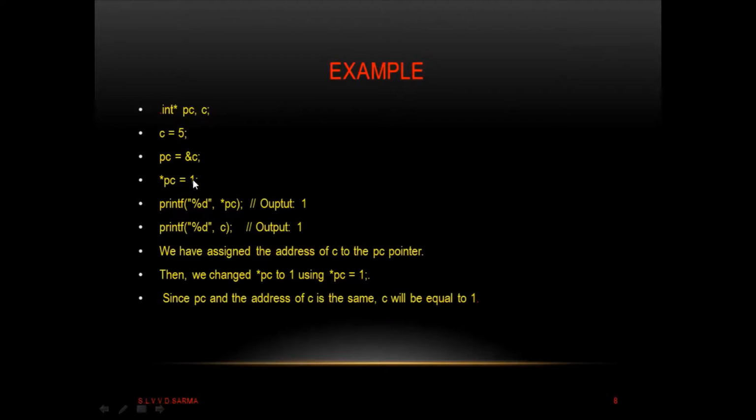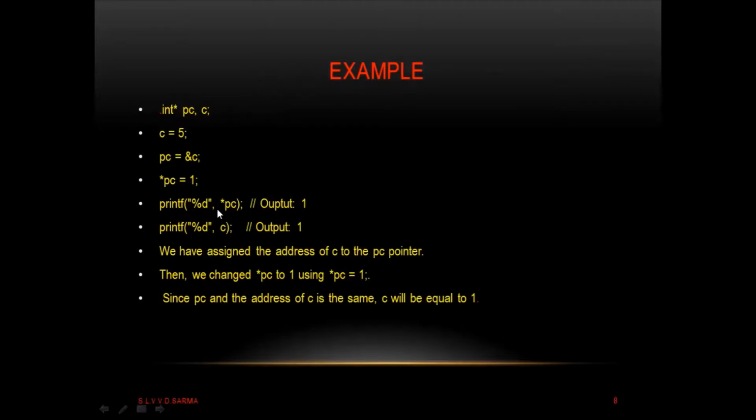The value 1 will be assigned to asterisk PC. What is asterisk PC? Asterisk PC is pointing to C. PC has the address of C, so asterisk PC is indirectly pointing to the C address location. This value 1 will be stored at the C address. That means the C value will be changed.